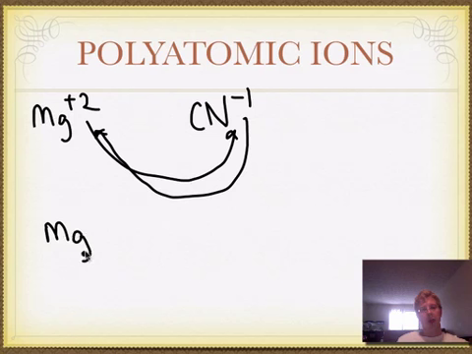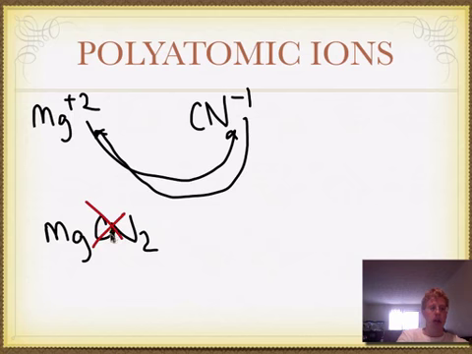But rather than just write it like this, that we need 2 cyanide polyatomic ions, this indicates that I now have 1 magnesium, 1 carbon, 2 nitrogens. That's not right.